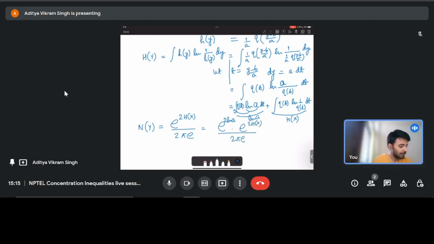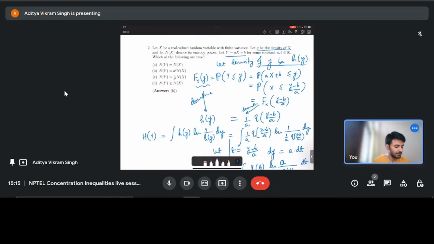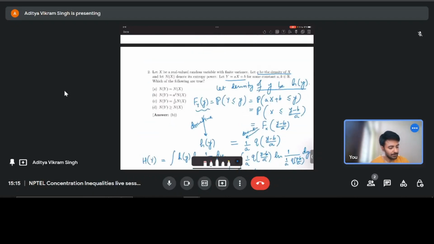So 2 ln a is ln a squared, and e to the power that is just a squared, and this part is just n(x). All right, so n(y) is a squared n(x). So B is the correct answer.